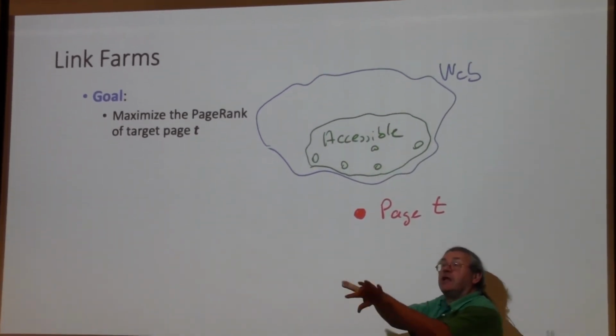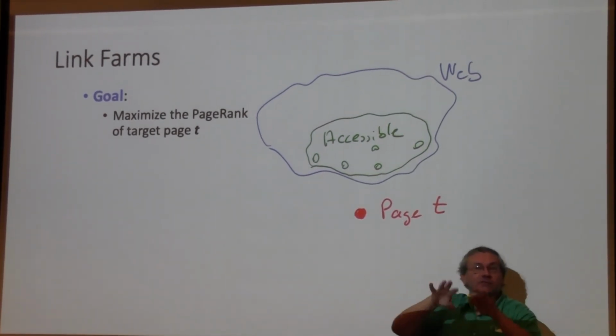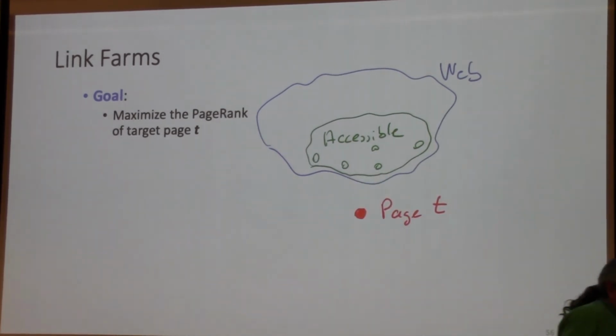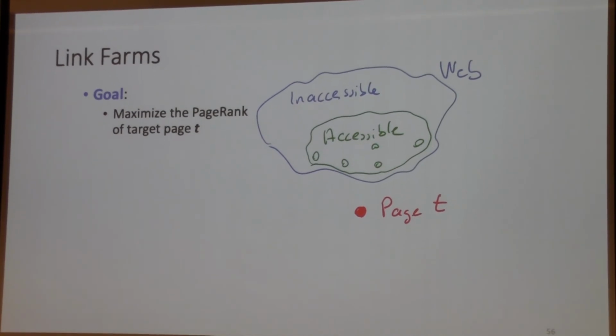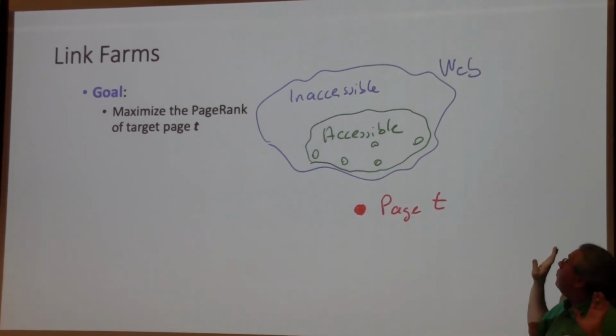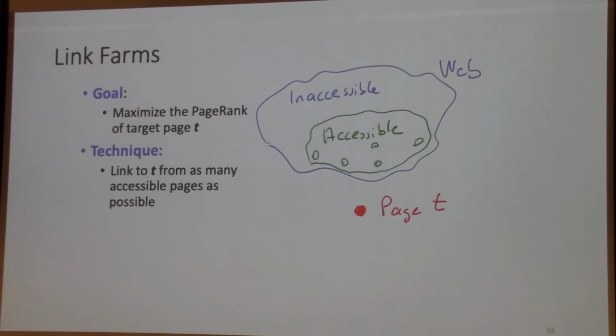They're like blogs, I can add comments, whatever. And there are lots of ways of doing that. So these are pages that I can access and add stuff to. And I can add links in there. And the others, the blue ones, most of them are blue, are inaccessible. They're pages made by other people, and I have no way of changing them. And there are a huge number of those, of course.